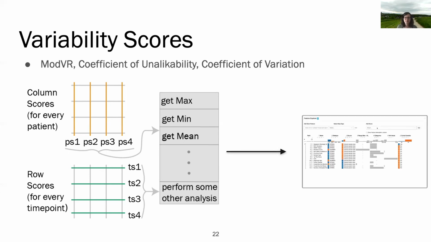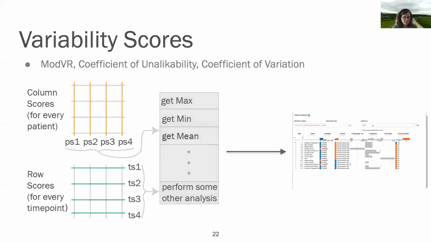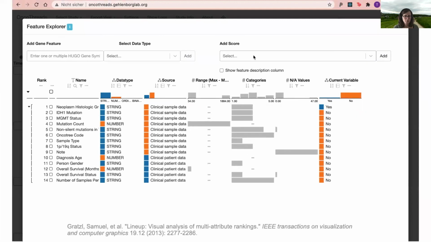So that's why we implemented something called our Feature Explorer. And this Feature Explorer uses a tool called Lineup, which was developed by Gratzel et al. And in this tool, tabular data can be ranked. So we basically have a table because we have the features as rows and as columns. We have attributes of these features, such as the data type or the range for continuous features or categories for categorical features.